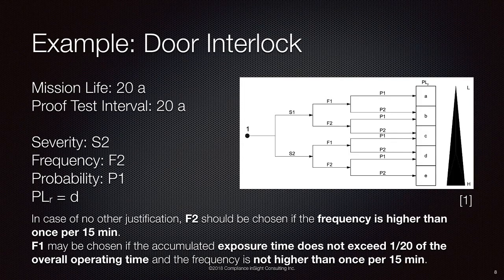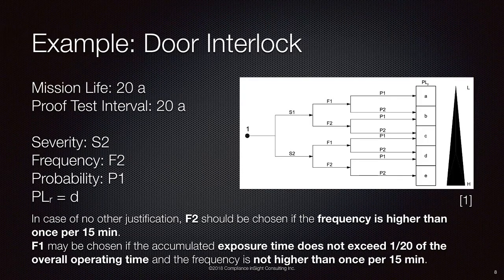So we pick F2. Probability of occurrence of the hazardous event is a P1, which is the lower selection of the two. And I picked that because in a minute you'll see with category 2 we can't get above performance level D. So if you follow the line across, starting at S2 to F2 to P1, we come out to a PLR of D. All right.